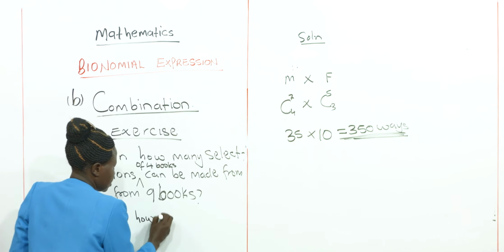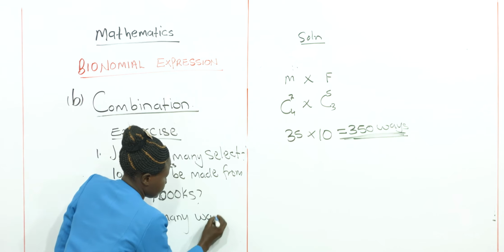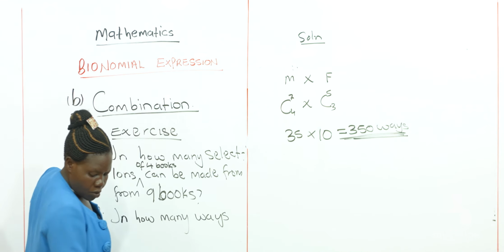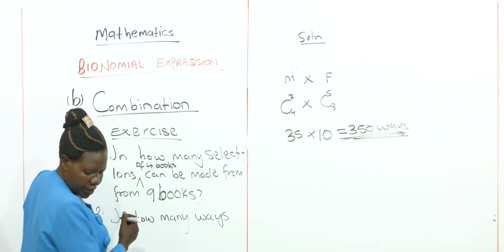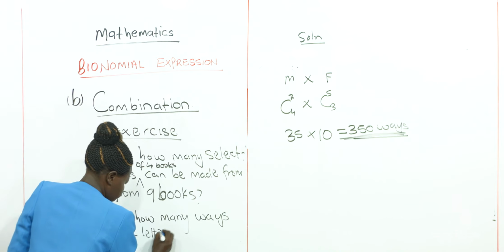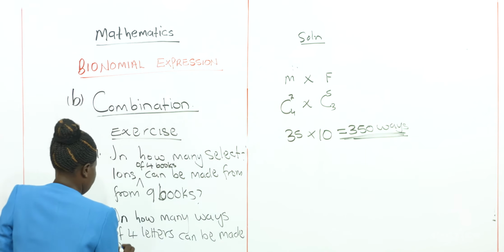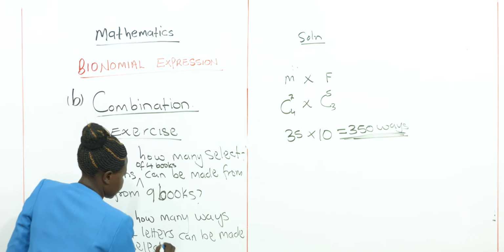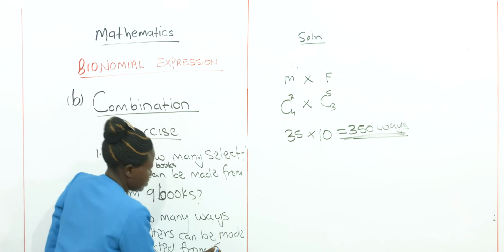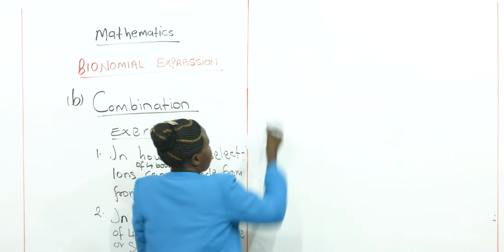In how many ways can 4 letters be selected or made from 6 letters?